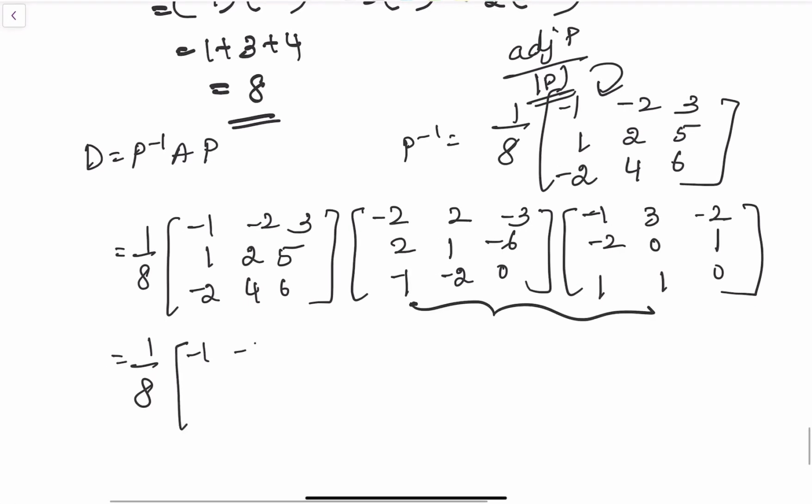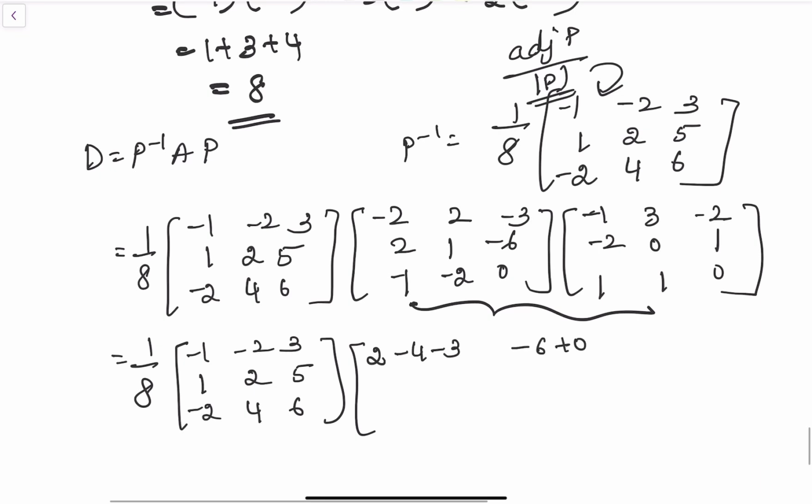So minus 1, minus 2, 3, 1, 2, 5, minus 2, 4 and 6. In the first row, first column, minus 2, I will write it directly: it is 2 minus 4 minus 3, 6 minus 6 plus 0, minus 3, 4 plus 2, minus 3 into 0 will be 0.